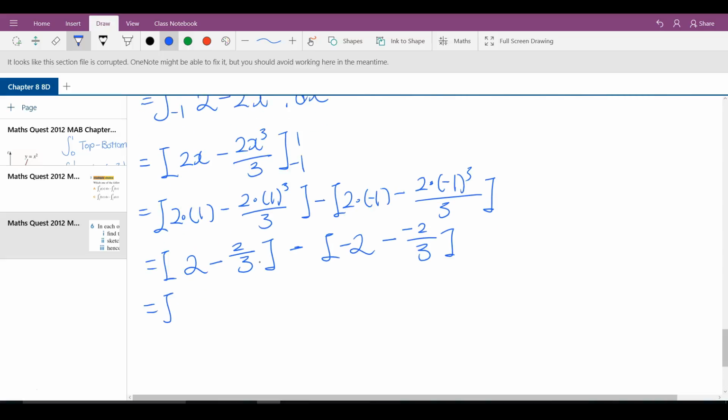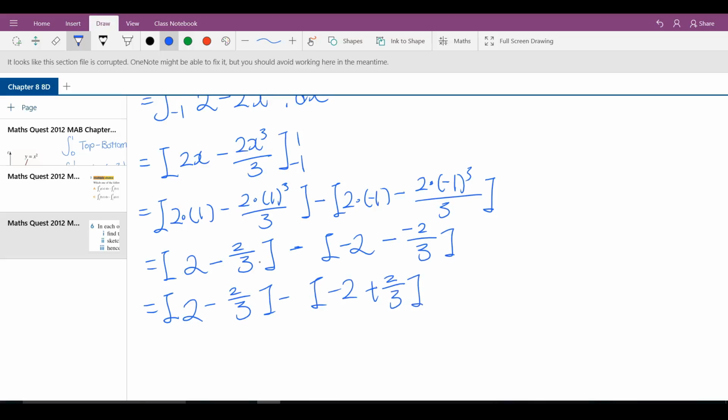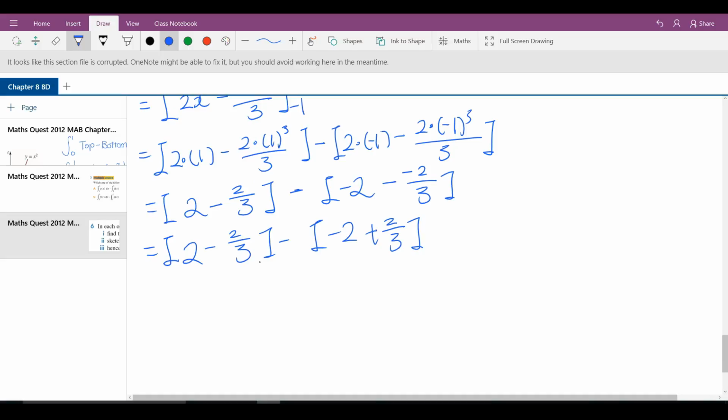Alright, so that's equal to, now I wouldn't do things here yet. So let's get rid of that negative, becomes positive. Alright. Now we've got a 2 minus -2. So that is 2 plus 2. So we get a 4. Alright. So we've got 2 over 3 here, minus positive. So just minus.